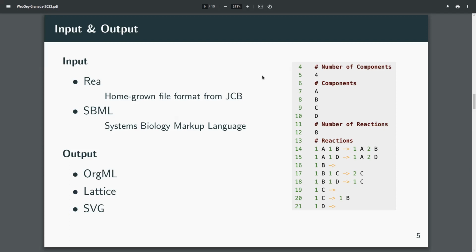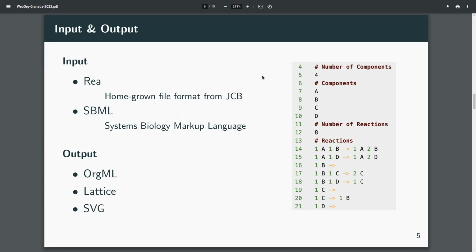The output is orgml, lattice, or an SVG. So orgml is an XML-based output format for organizations. It will store the reactions in it, and it will store the species in it.